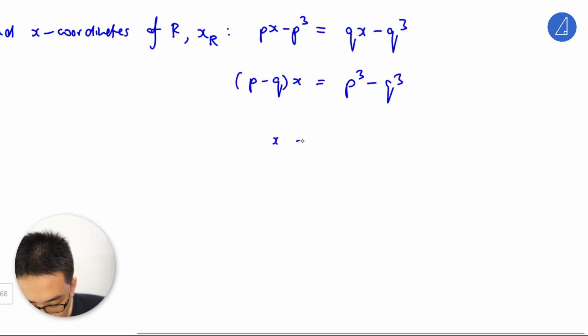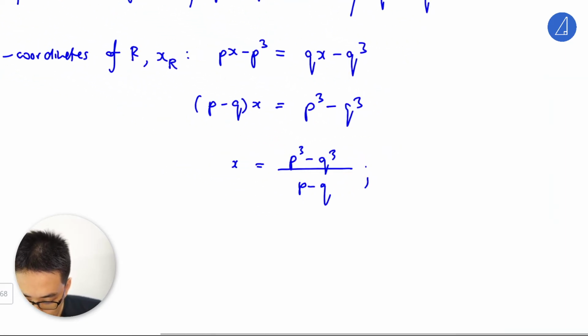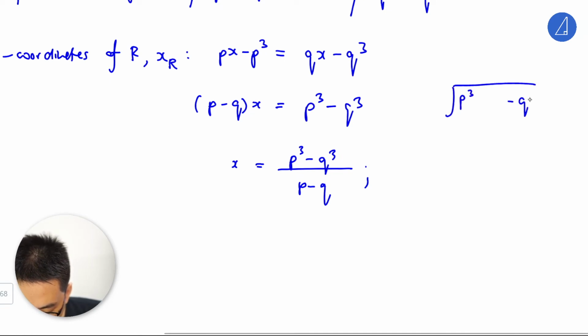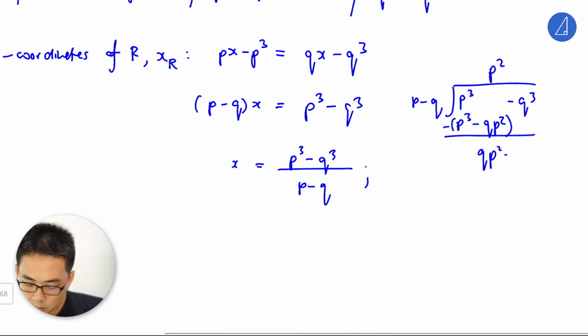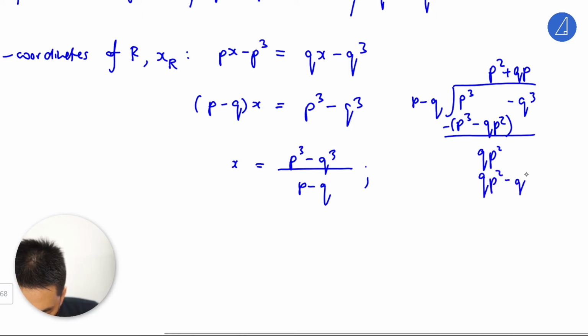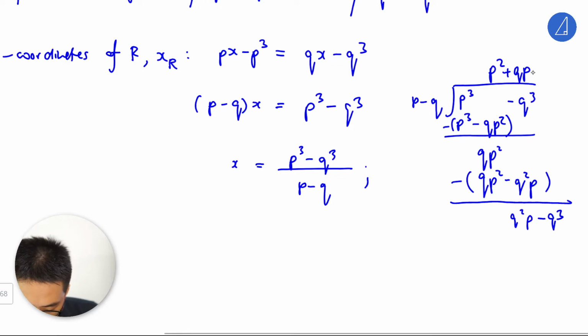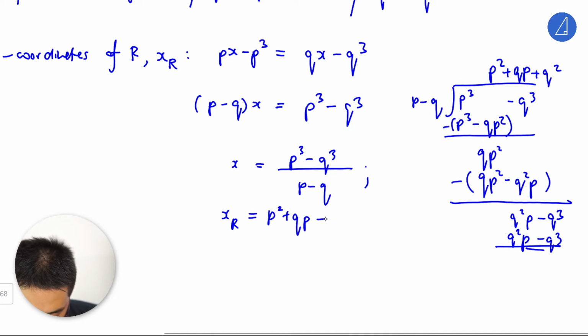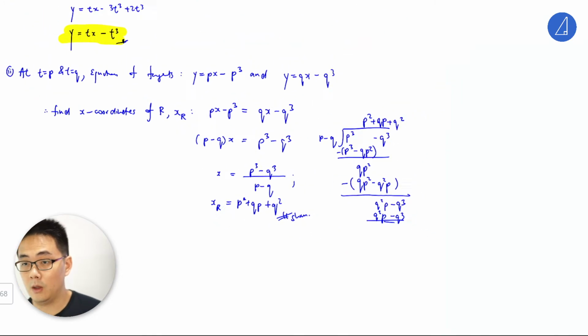So we do long division here. The P square, then... shown.